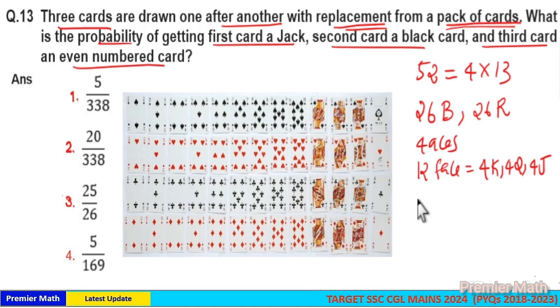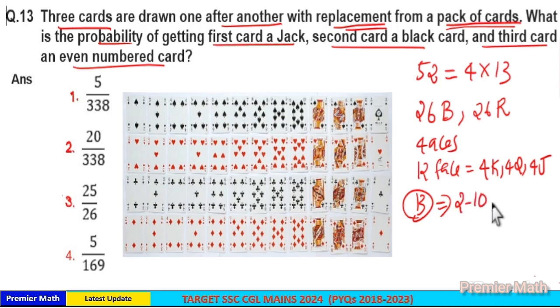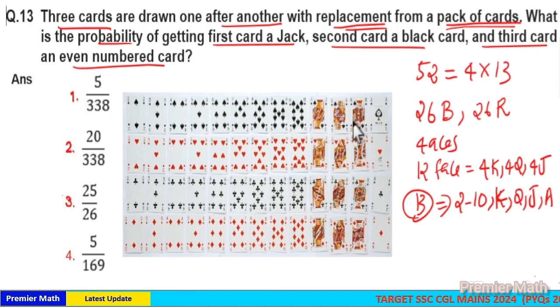Now, in a set of 13 cards, 2 to 10 numbered 9 cards are available, and 1 king, 1 queen, 1 jack and 1 ace. This is 13 cards.